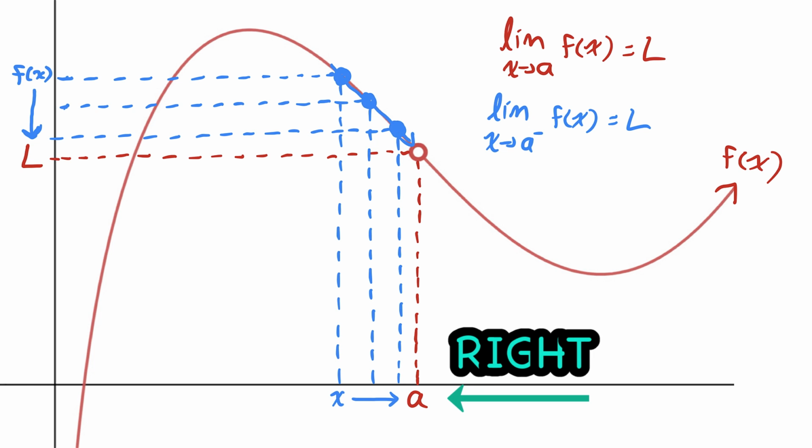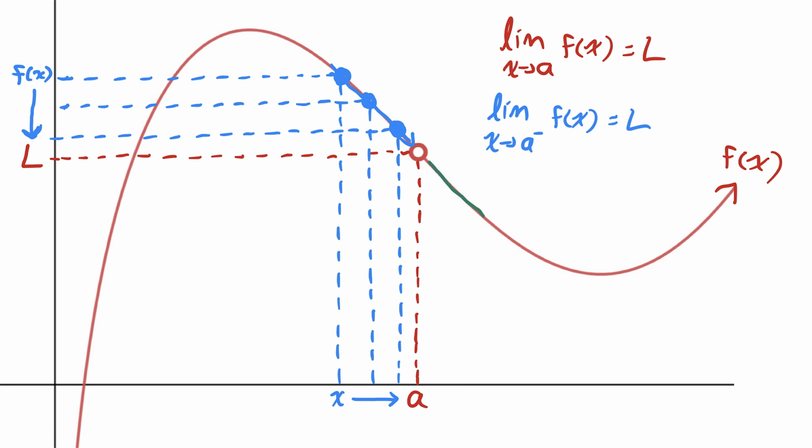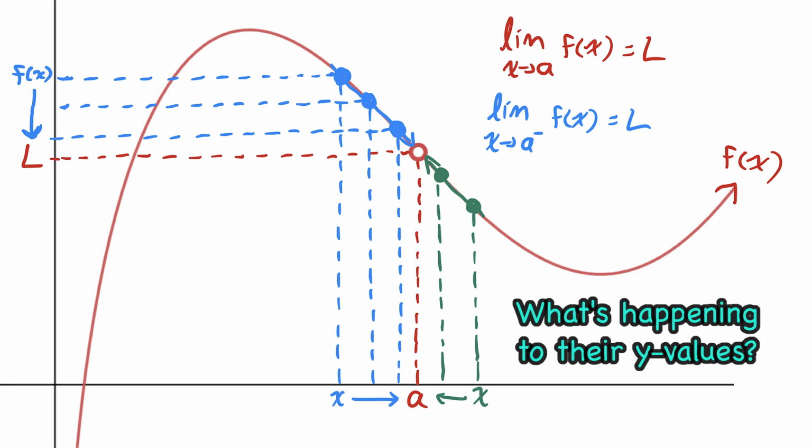What about if I choose points that are approaching the x value of a from the right side of a? So let's look at what the function is doing as I approach that discontinuity from the right. So I'll just choose a couple points this time just so you can see what's happening here. As I choose x values that are getting closer to a from the right side of a, so as the x values of these points are getting closer to a, what's happening to their y values?